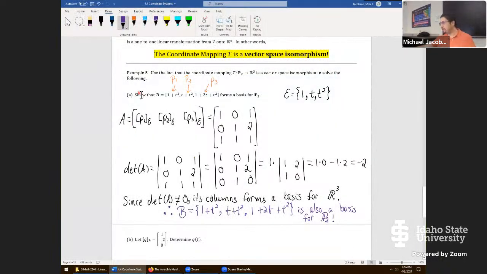Okay, actually, let me try to do this differently. I'm going to take this along with us so that we know which basis we're working with for the follow-up questions. So now that we do know it's a basis, this question makes sense. You can ask about the coordinates of some polynomial Q relative to a basis B, because we just proved it's a real basis. So this says we have coordinates for some polynomial function Q, and we want to determine Q of t.